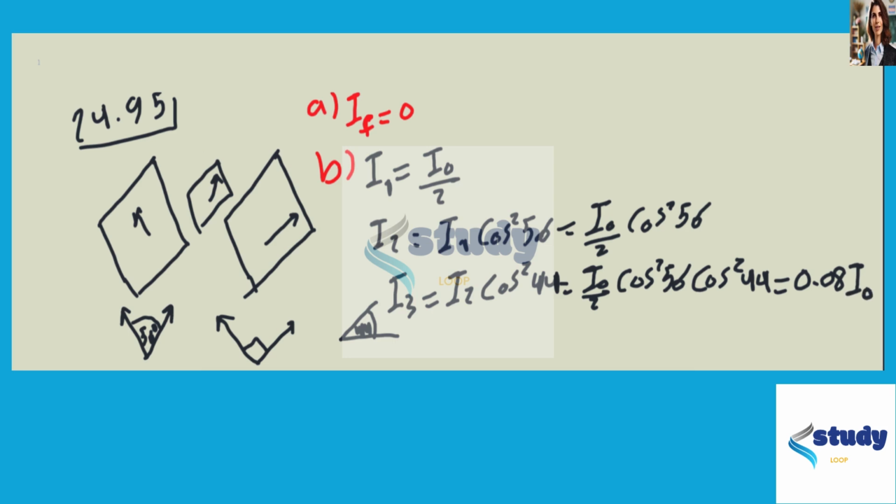So in the second case, when we have that third polarizer in between the first two polarizers, the final intensity will be 0.08 I naught.